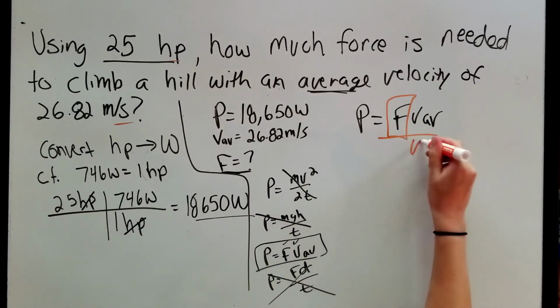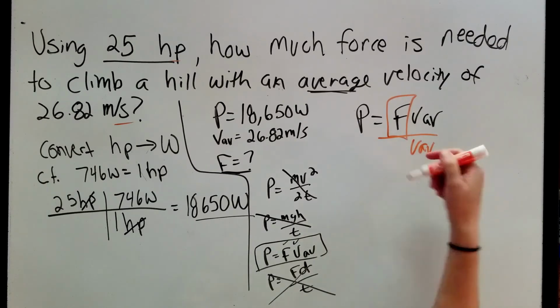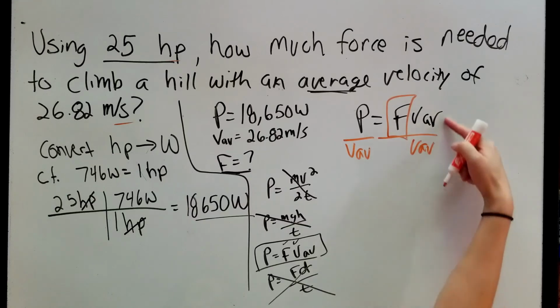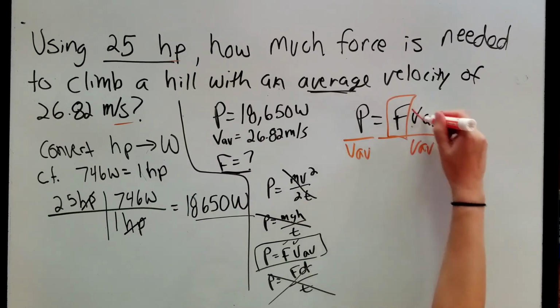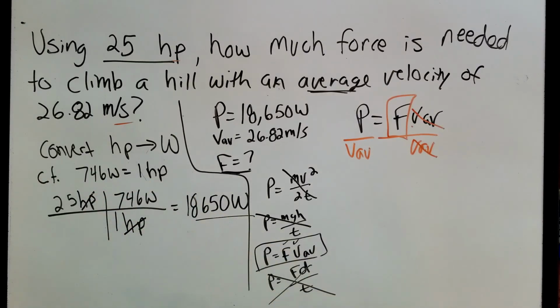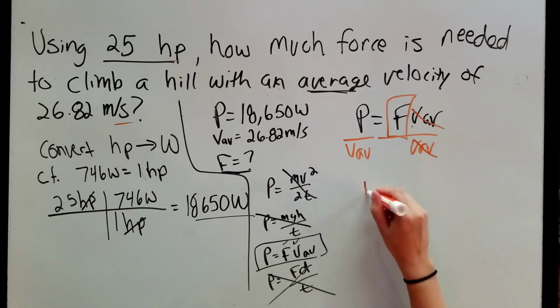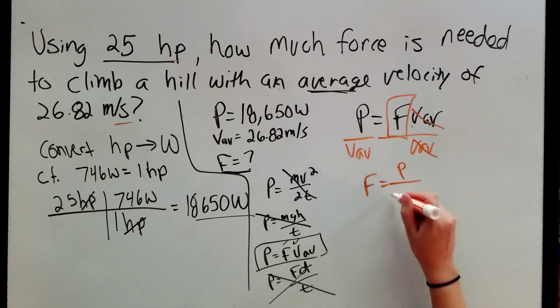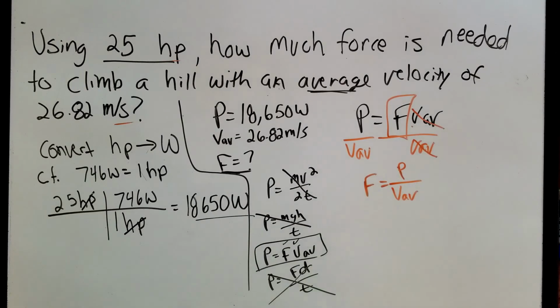So if I divide by V average, whatever I do to one side, I have to do to the other side. On the right-hand side of the equation, V average over V average cancels, right? Just like horsepower over horsepower cancels. So my equation becomes force is now by itself, and then I have power divided by average velocity on the other side.